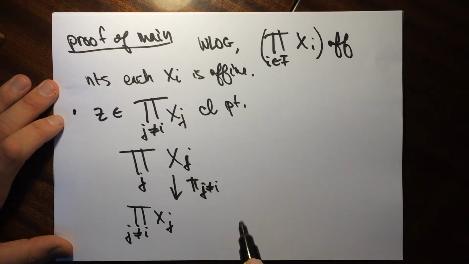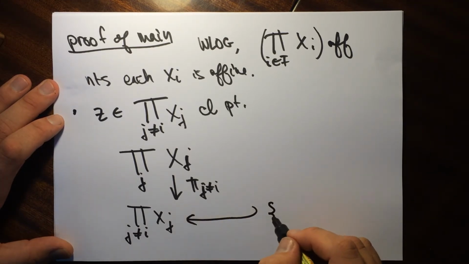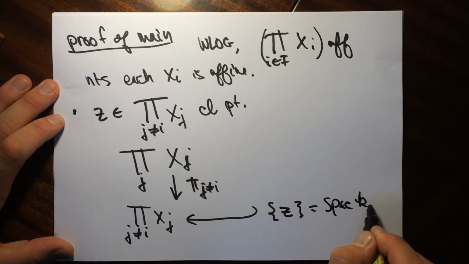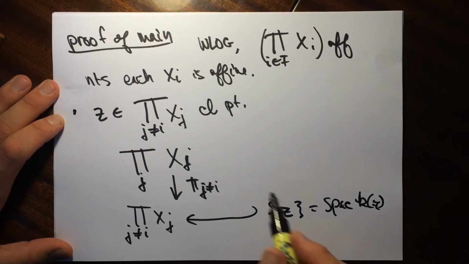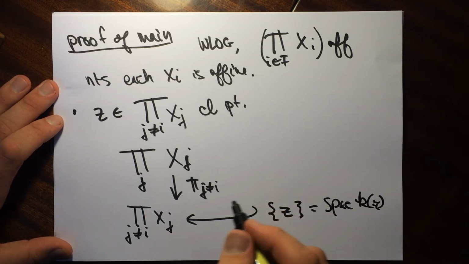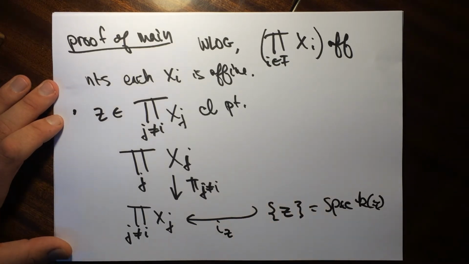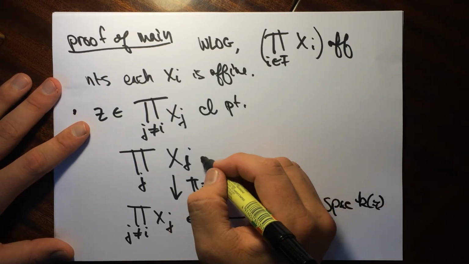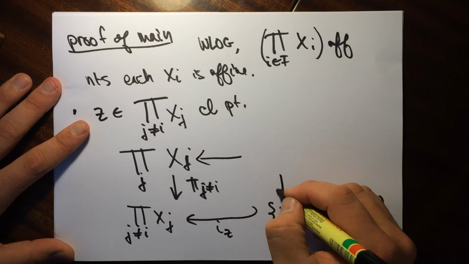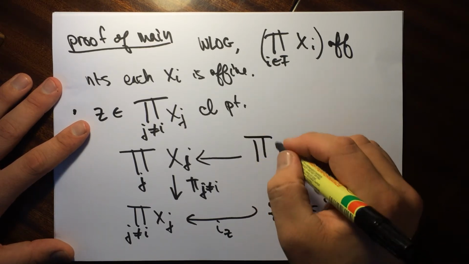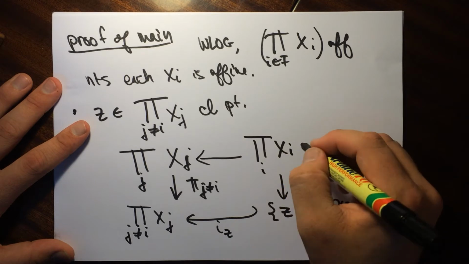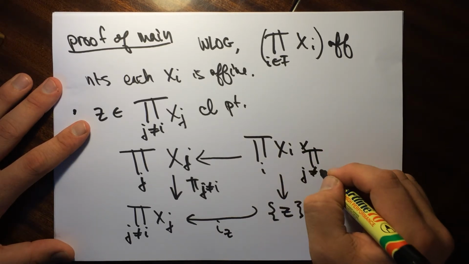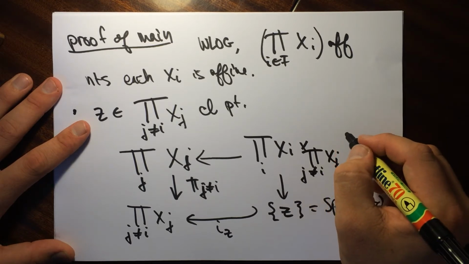And then in this, we have this closed point. This is really spec of the residue field. And we had this closed immersion, which we can call iz. Again, we have this product here, and then we have the fiber product over here.